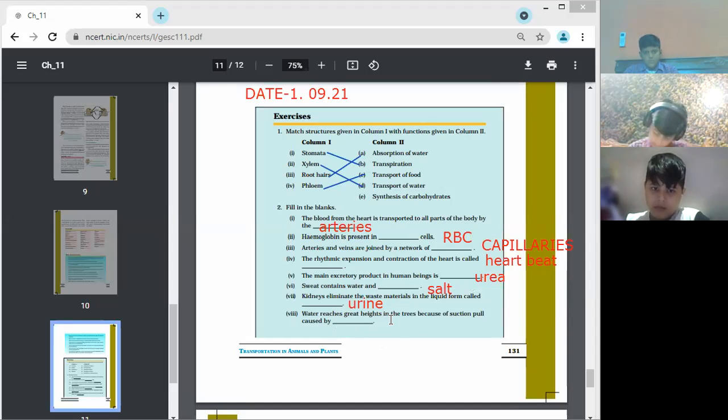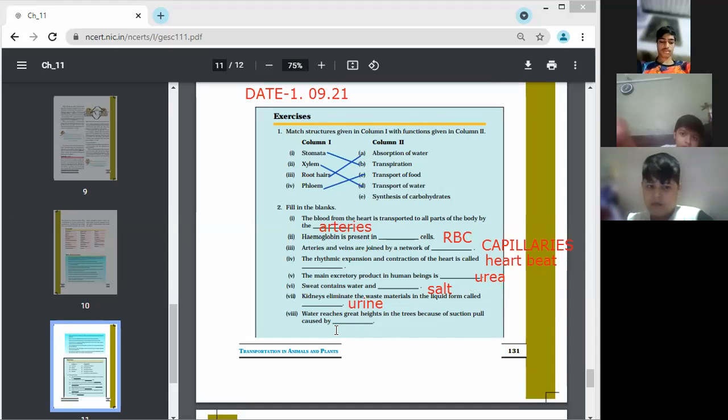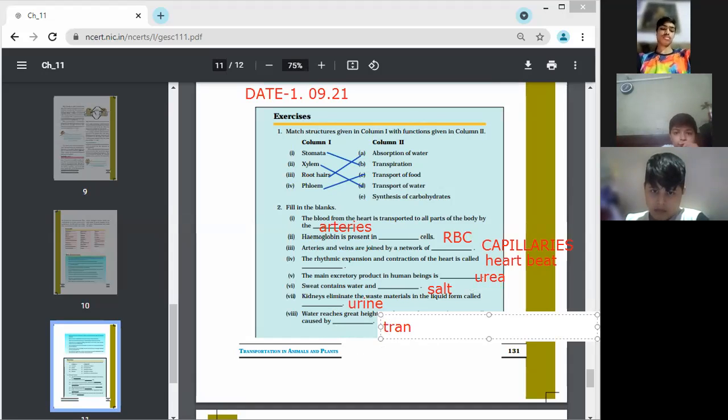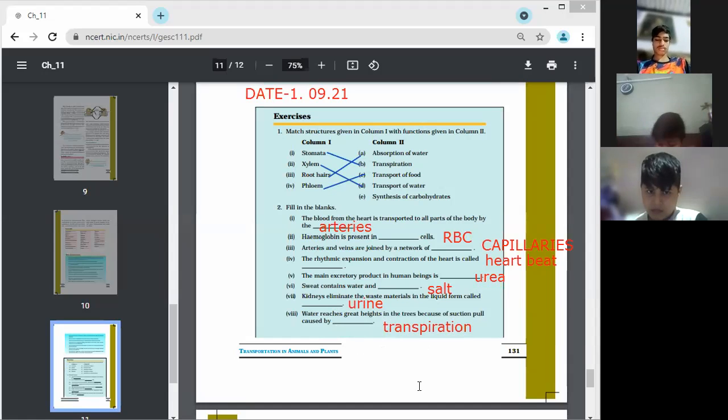Water reaches great heights in the trees because of the suction pull caused by, just we have done, transpiration. So done, children. Up to here it is clear.